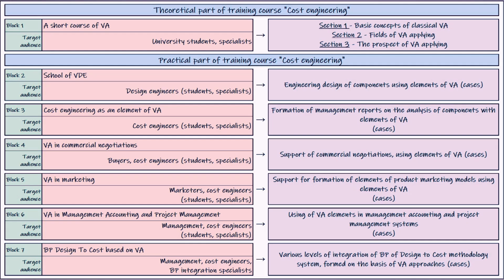Block B2 includes a set of cases for the first and the second types of cost engineers. The block considers the process of independent work of a cost engineer, the interaction of a cost engineer and a designer, the interaction of the cost engineer and design engineer in the process of designing parts and simple assembly units.